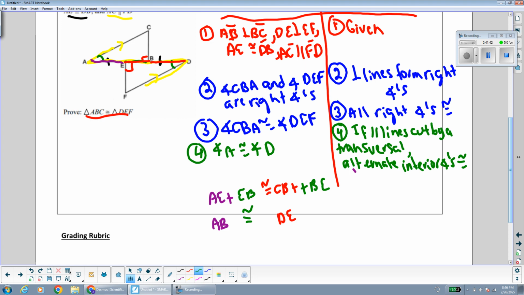In order for our addition to work, we have to make sure that we're starting with two congruent segments and adding on two congruent segments for our sums to be congruent. We are starting with two congruent segments that was given to us. But are the two segments that we're adding congruent? Well, yeah, EB and BE, they're the same segment, right?